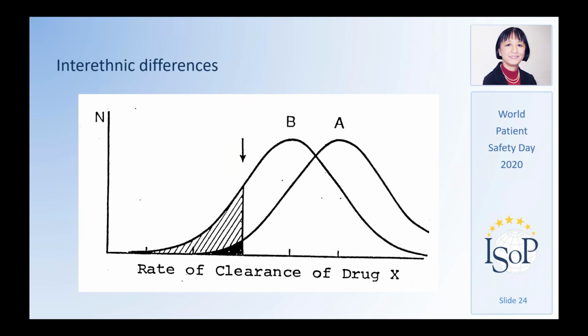Suppose there is a rate of clearance of a drug below which there will be serious adverse drug reaction, and the frequency for this reaction to occur in population A is, for example, 1%, and in population B, it will be 8 times higher. So this will be obvious when looking at the frequency of a dose-dependent or concentration-dependent adverse drug reaction.